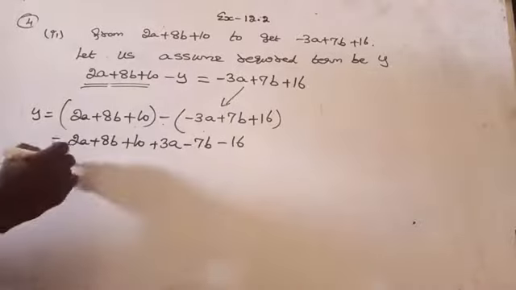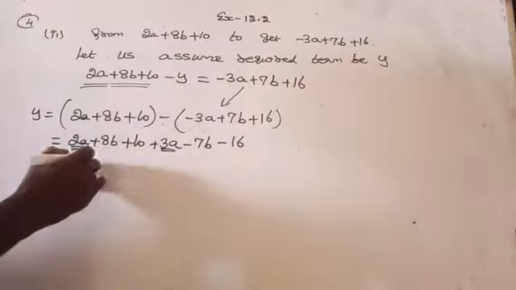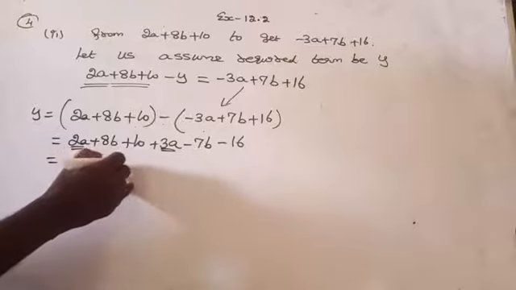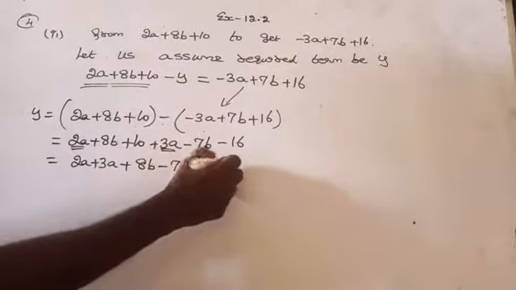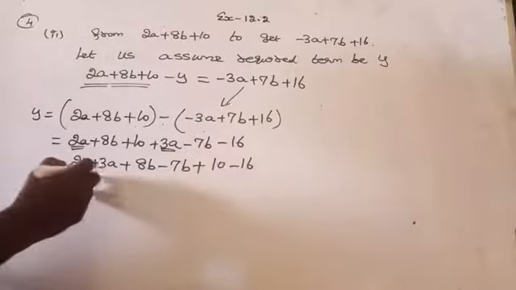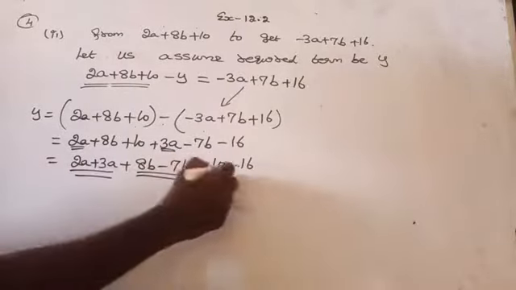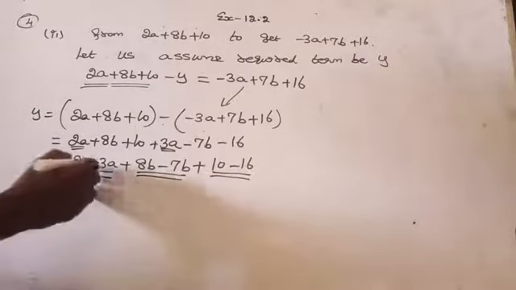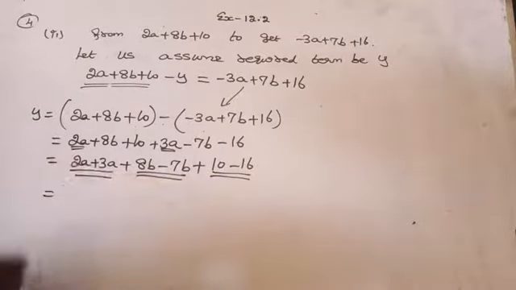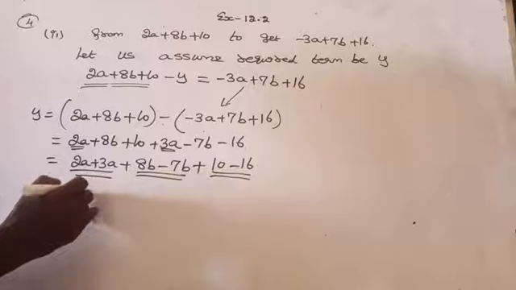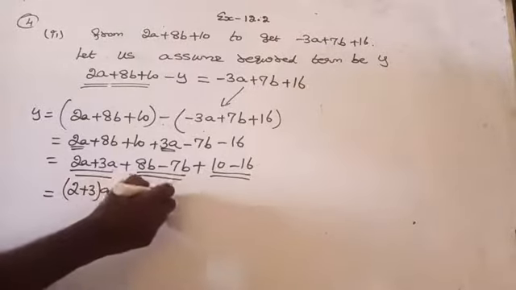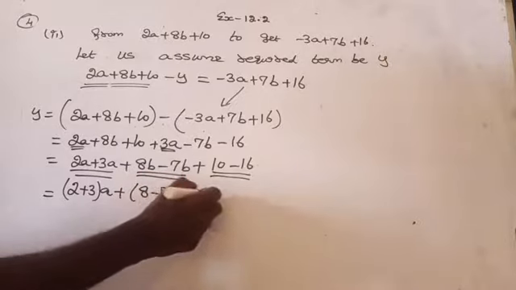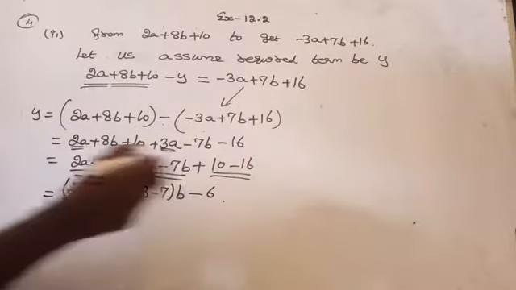That is 2a and 3a, and then 8b minus 7b, plus 10 minus 16. Now tell me, these two terms are like terms. Add the numerical coefficients, that is 2 plus 3 into a, plus 8 minus 7 into b. 10 minus 16 is minus 6.